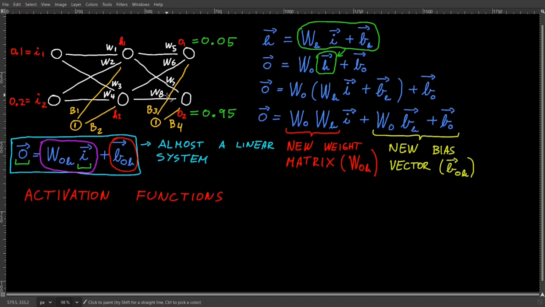In our network, we will introduce the activation functions in the hidden and output layers. Once you calculate the h vector, which consists of h1 and h2, before you use it to compute the elements of the o vector, you will first apply a function to it that will give you new values for h1 and h2. So you will have h1 asterisk and h2 asterisk.